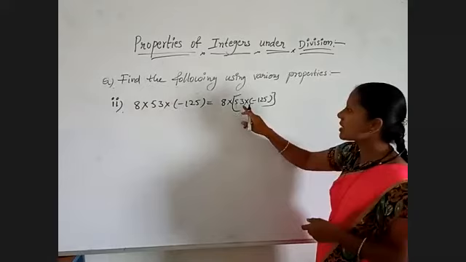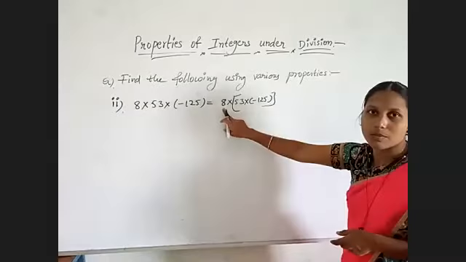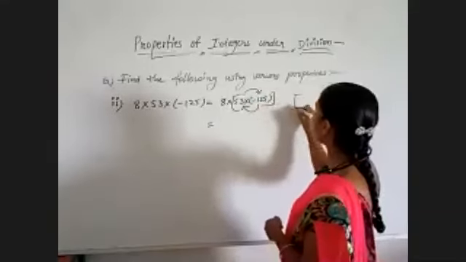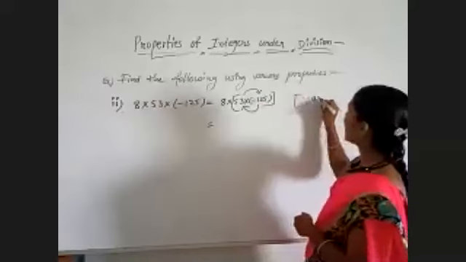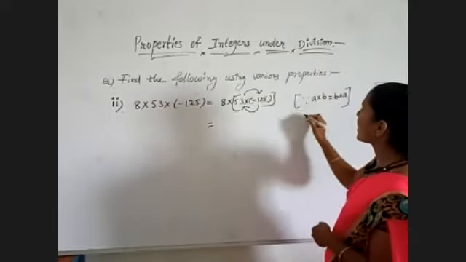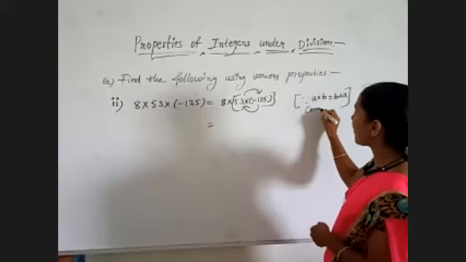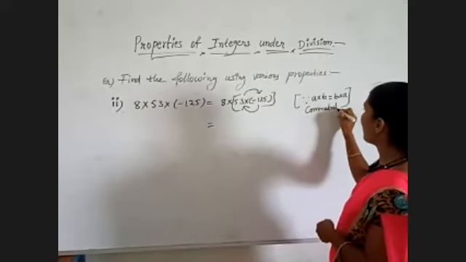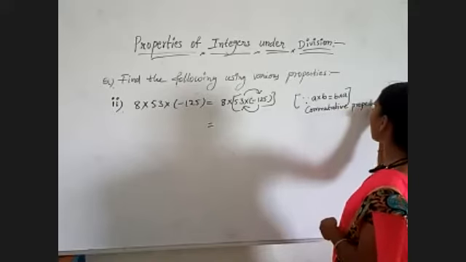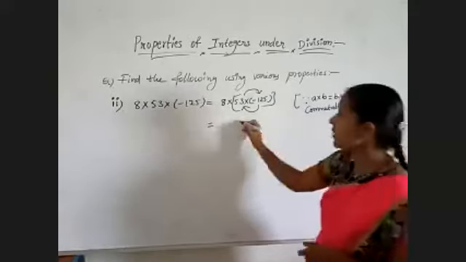Now interchange the numbers. This number this side, this number this side. That is nothing but we are going to write A into B is equal to B into A. So which property is this? Commutative property. Commutative property. So remember how we are using, which property we have used, just observe.